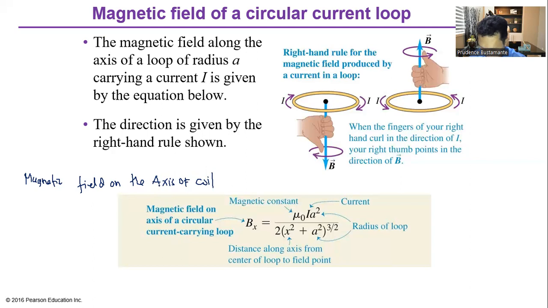Since we have a coil, Bx is equal to mu naught N I a squared over 2 times (x squared plus a squared) to the 3 halves. Here N is the number of circular loops.